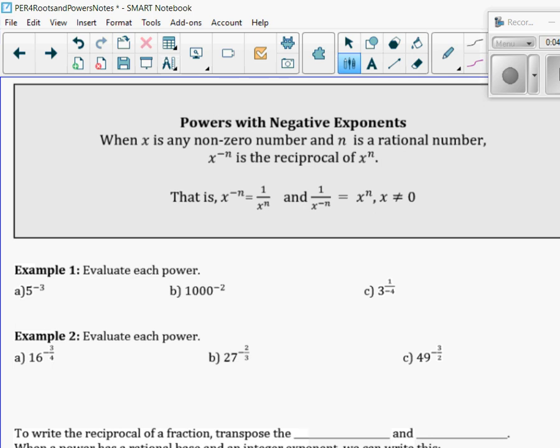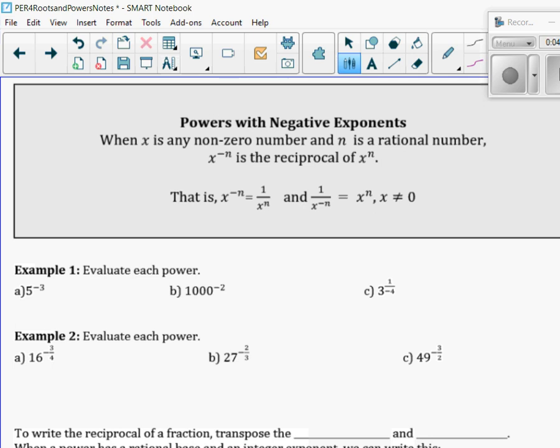Meaning, if I have x to the power -n, if I make it the reciprocal 1 over that, then the negative exponent becomes positive. Likewise, if I have a negative exponent in the denominator and I reciprocate it, it'll become the positive exponent. Okay? This is huge.